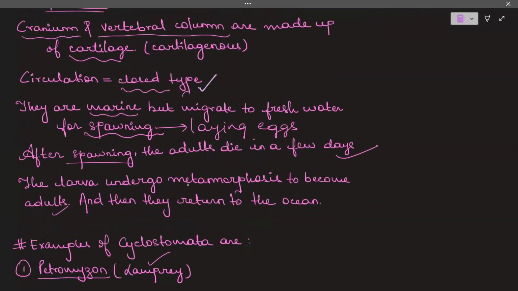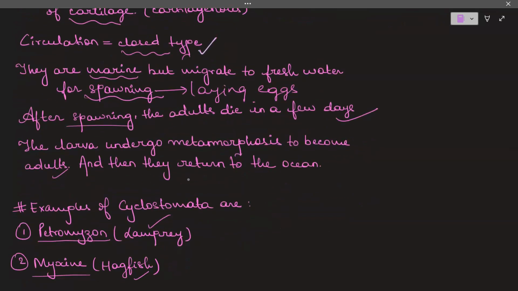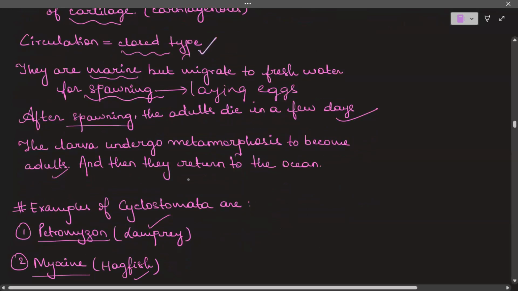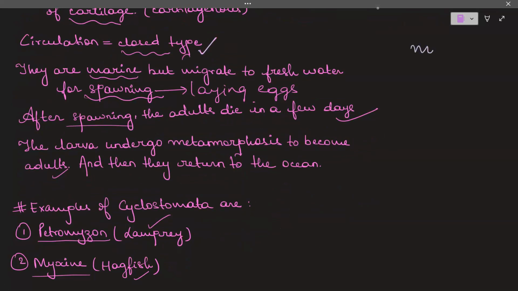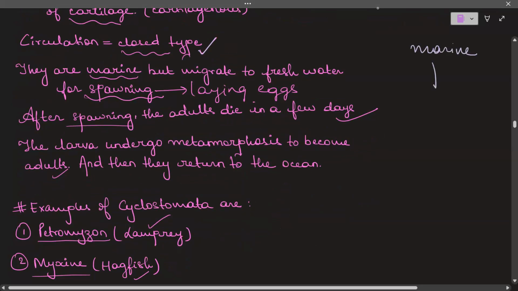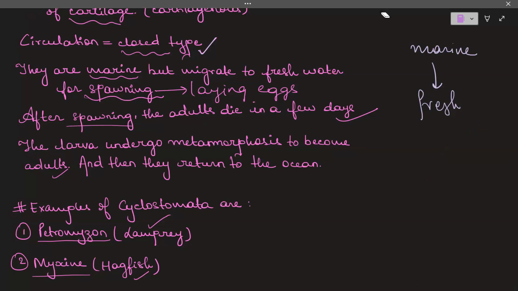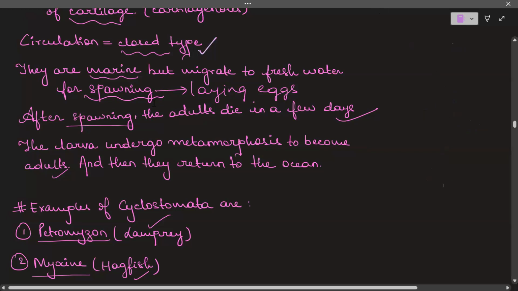Then the larva undergoes metamorphosis, meaning it changes its shape and structure, and goes back into the ocean. Once the larva develops into the adult, it goes back to marine life, and this cycle continues.